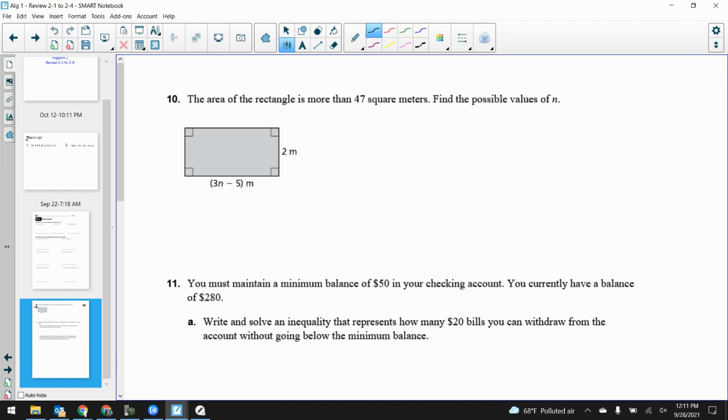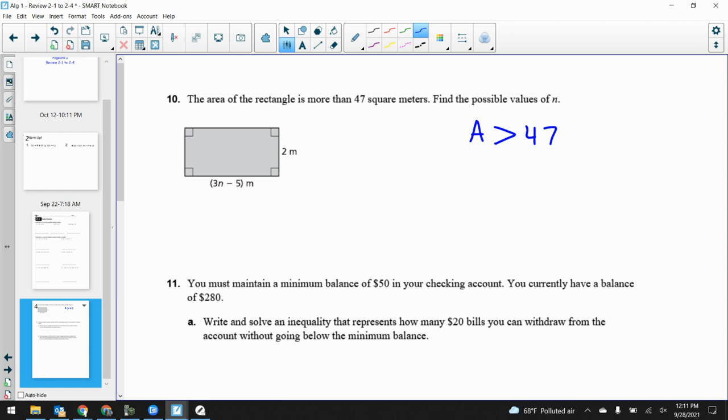All right, so the area of the rectangle is more than 47 square meters. Right there, that tells me my inequality. My area needs to be greater than 47 square meters. I just have to find that area. Area for a rectangle is length times width.